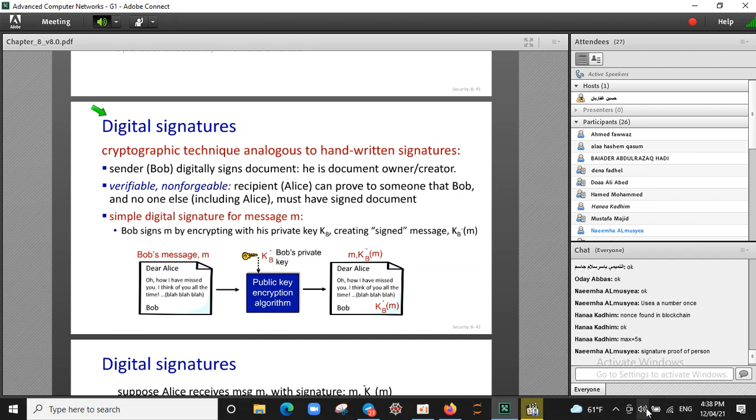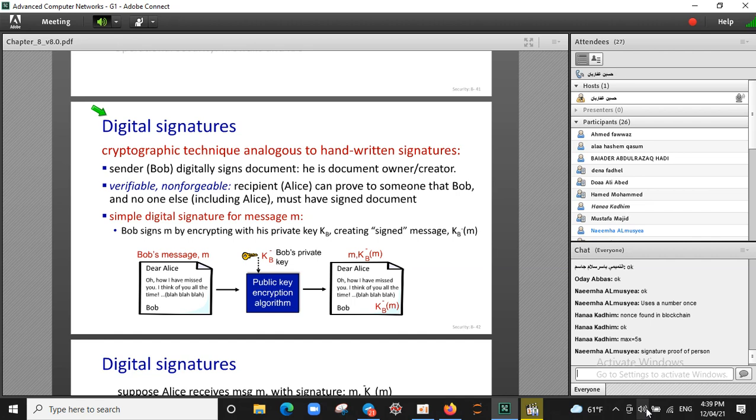Yes, I'm looking for a proof system, proving the identity of the other side. The identity should be verifiable and non-forgeable. No one can say, okay, it's not me.